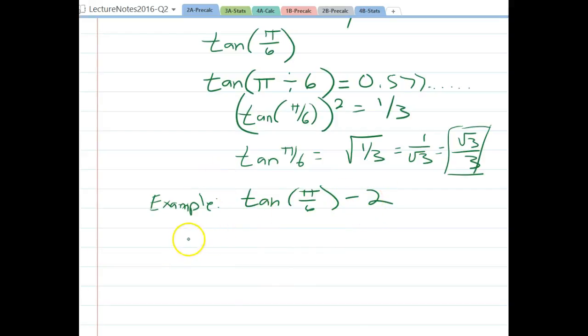But if you put it in the calculator in radians mode, you hit tangent, and you hit pi divided by 6, and then minus 2, and then hit equals, it's going to assume that's what you mean. So you have to be careful to close the parentheses off here when the angle ends. Okay, so I think that is pretty obvious, but definitely worth mentioning.